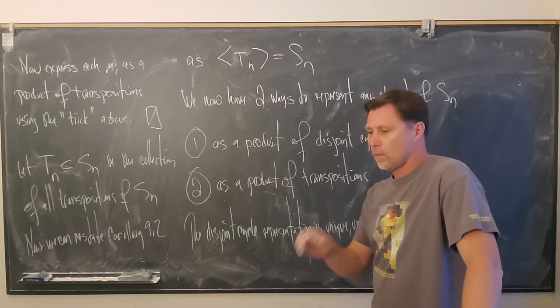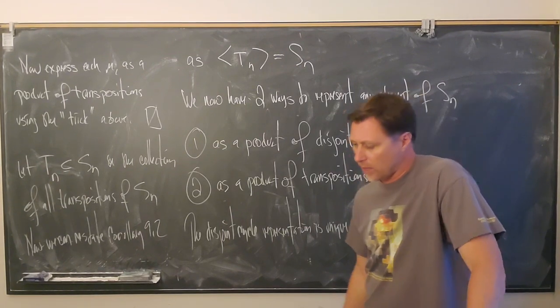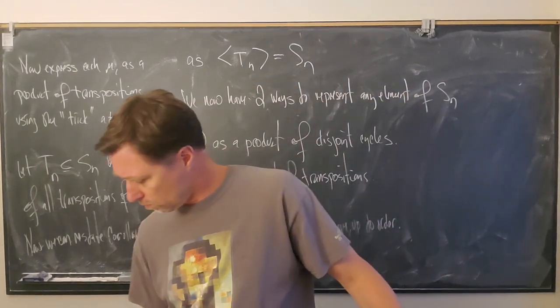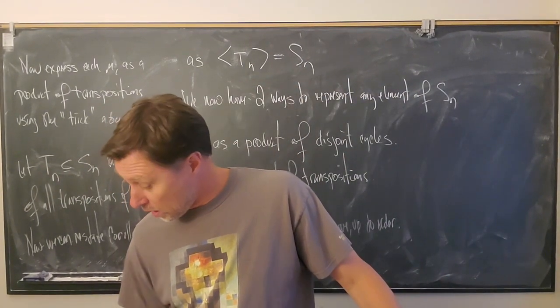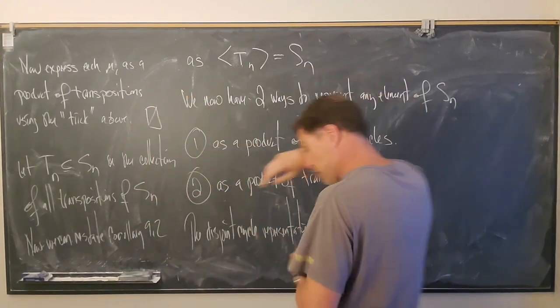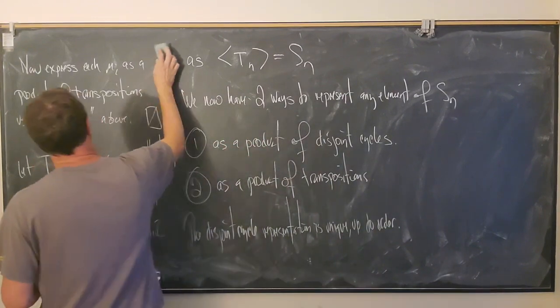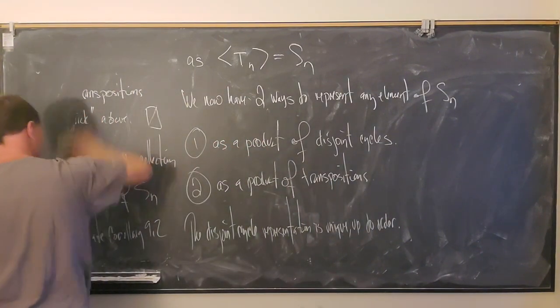All right? You can reorder them because disjoint cycles commute, but other than that, that's all you get. But it's not unique when we do transpositions, so maybe we should end with this. Yeah, actually, this is a good place to stop right after this.